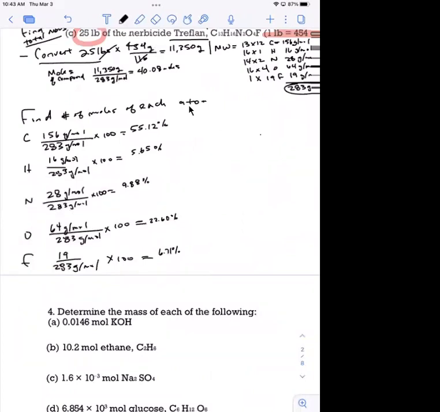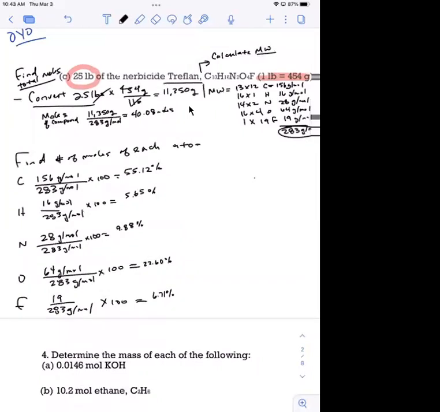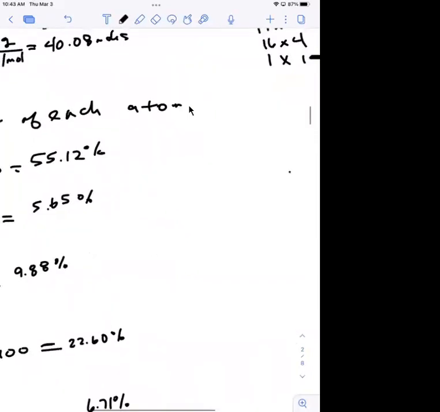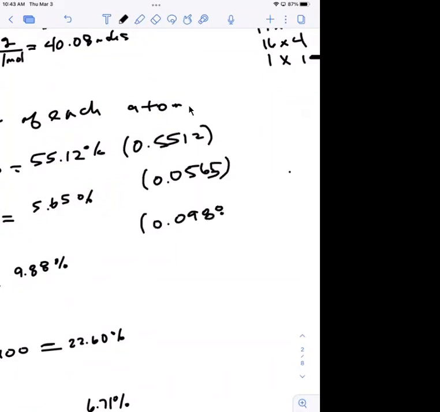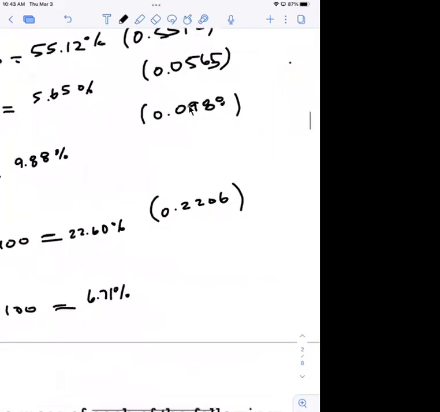All right, so now since we're looking for the moles of each atom, we can take the percentage, in this case 0.5, or the fraction, 0.0565 here, 0.0988, 0.2206, and then 0.0671.